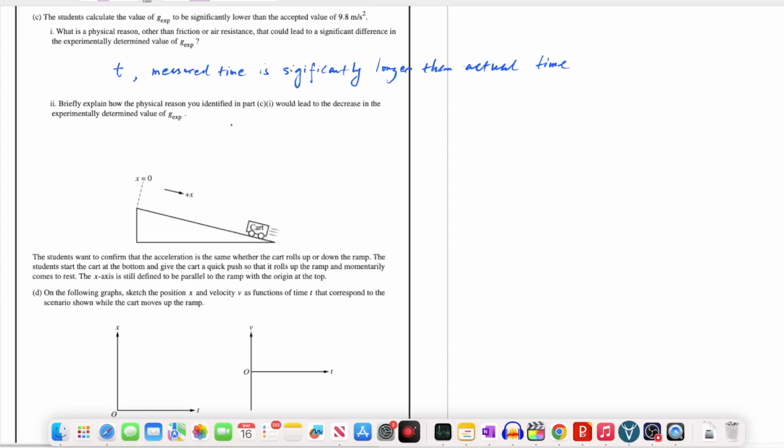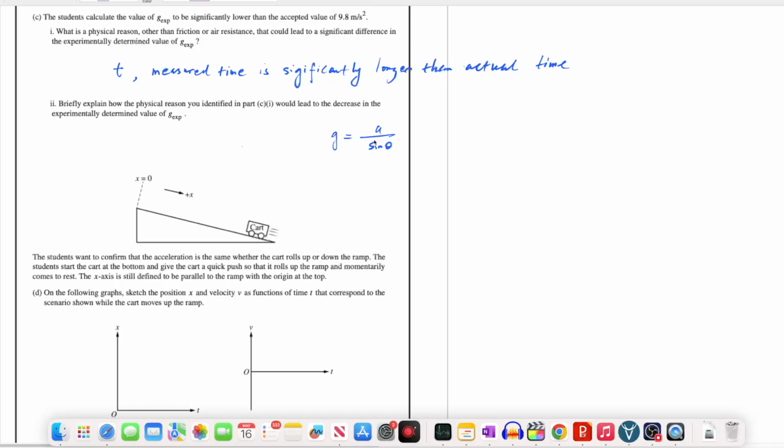You can say if the measured time is significantly longer than the actual time, then the a should be significantly smaller than the actual a. If a is significantly smaller than the actual a, then, because g is a over sine theta, g can be significantly smaller than expected.